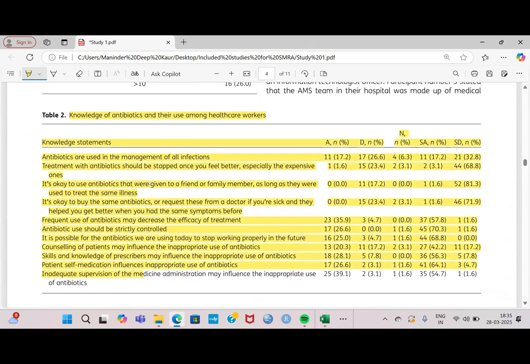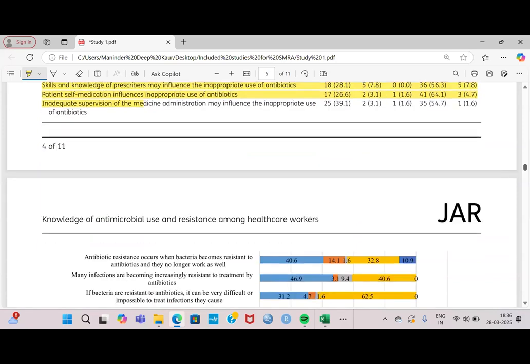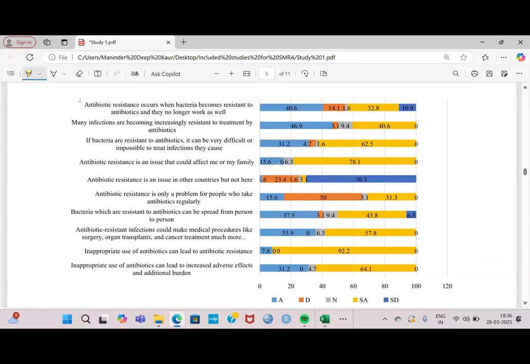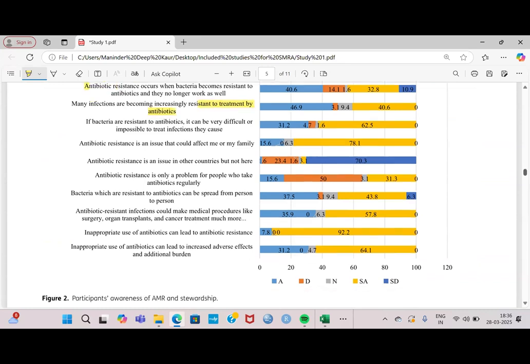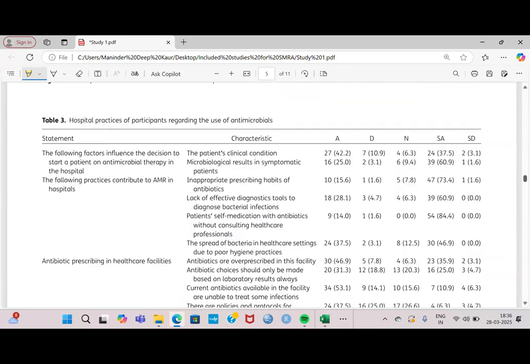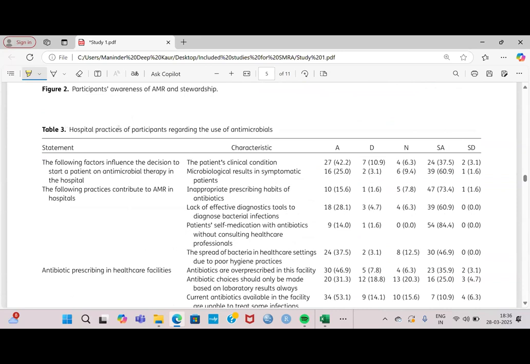For example, antibiotics are used in the management of all infections, but I need an overall knowledge score. So I have to look for that. No. This is a figure, also according to the scales. Statement wise, they have reported the scale. So where is the knowledge score? I need to find that. This is telling about the hospital practices. I don't need that.